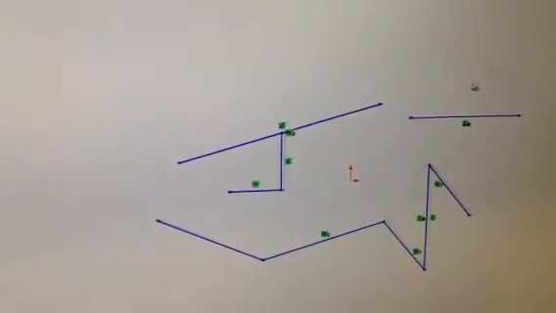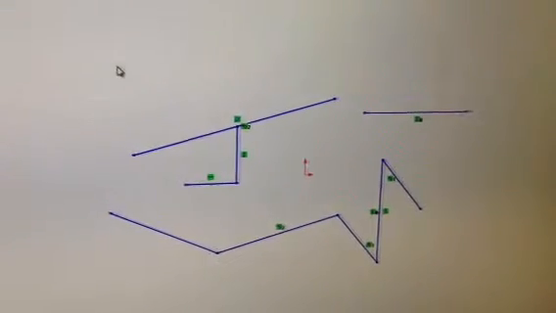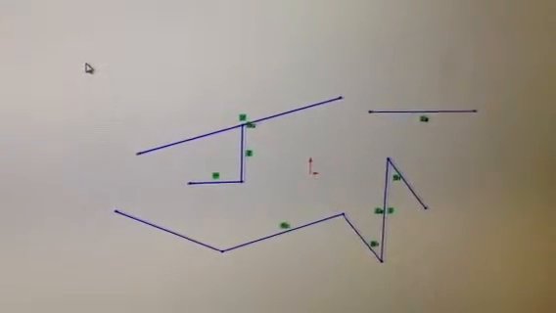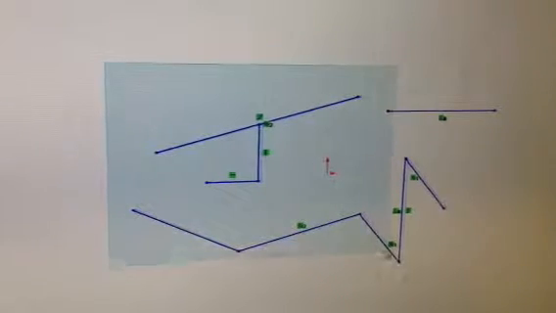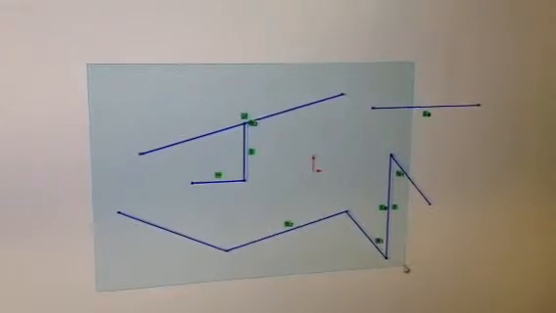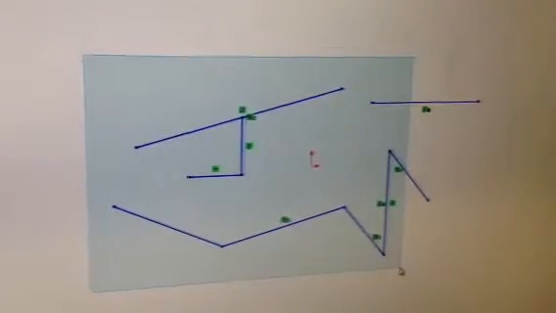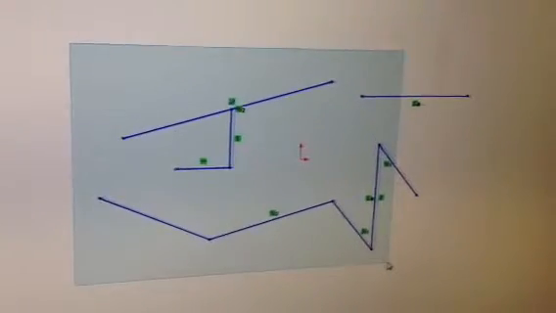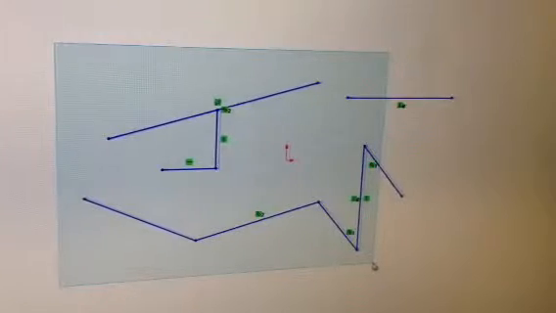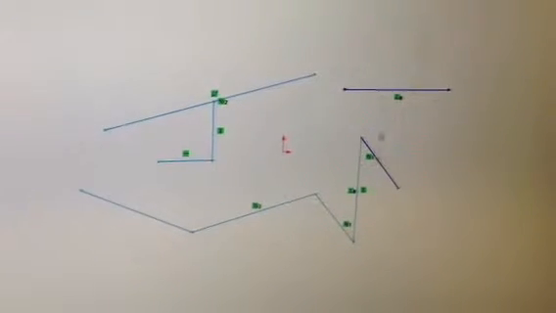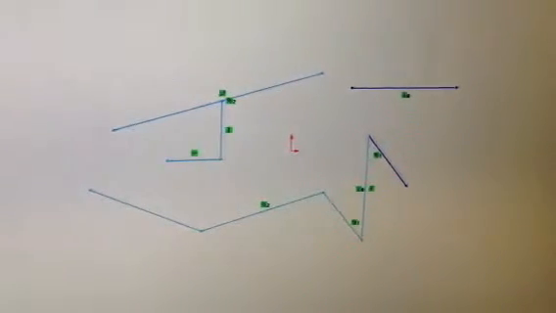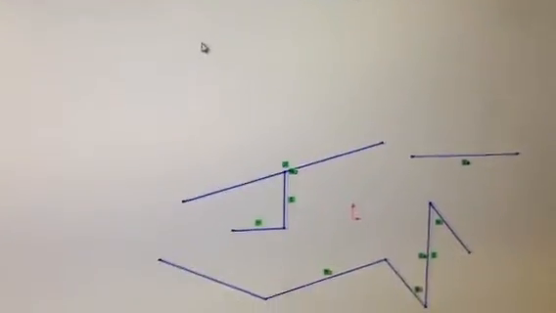But if I want to use a window select, this is kind of a weird rule. If I start from the left, everything must be contained inside the rectangle to be selected. So see those two lines on the right? They're not quite inside the rectangle. When I let go, I clicked and dragged. Notice it picked everything except for those two. They weren't inside. I'll click outside to deselect them.